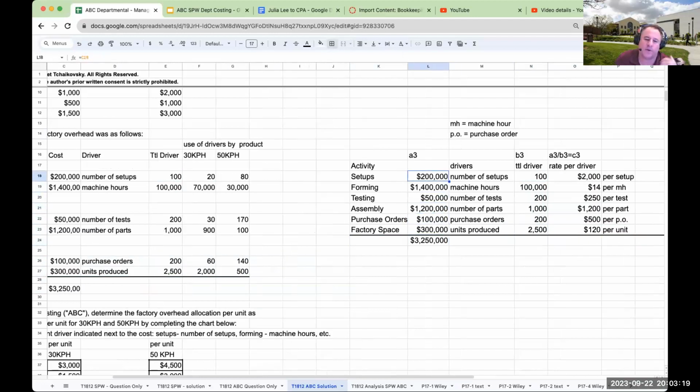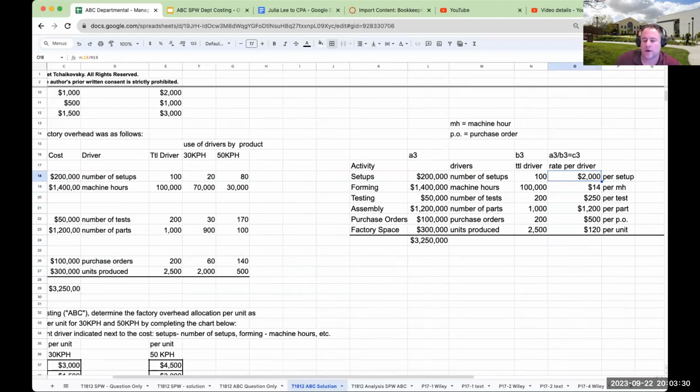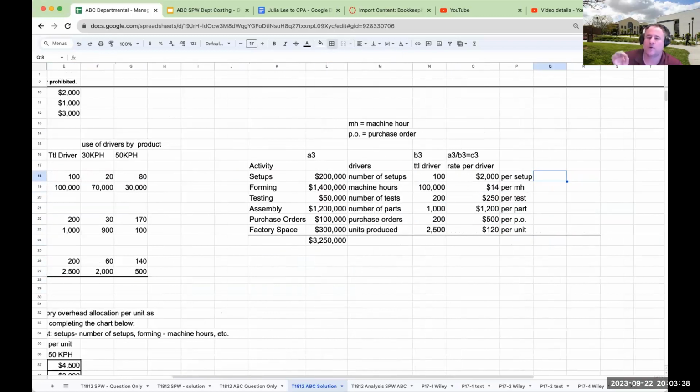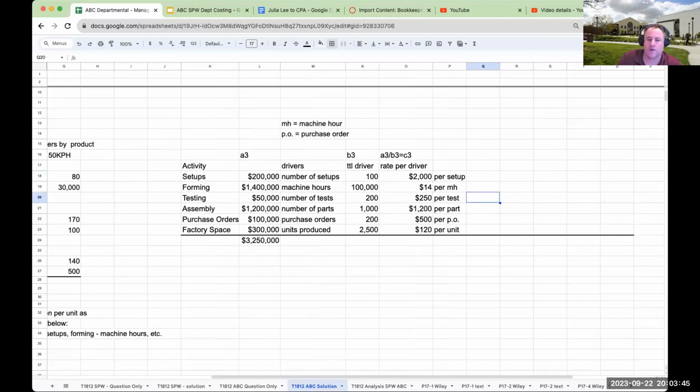But then for each one of these categories, I'm going to divide it by the driver. So here it was setups. And again, I'm going to have to tell you in the question what the driver is for each part of each factor. 100 setups, 100,000 hours, 200 tests, number of parts, et cetera, et cetera. So this is going to be my rate per driver. Once I have this part over here, I'm now ready to go through and do my allocation.